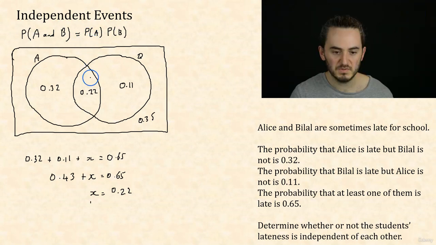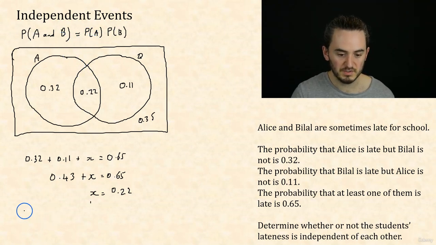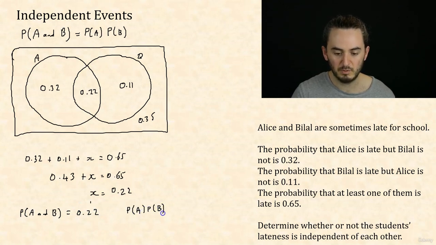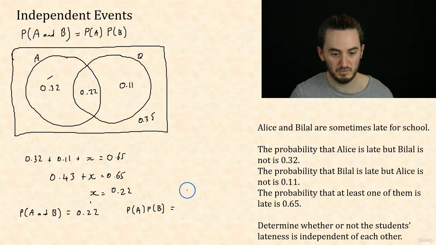Okay, so we'll look at the left-hand side. So what's the probability of A and B? Well, the probability of A and B is just the intersection. It's 0.22. Now let's investigate the right-hand side. What's the probability of A times the probability of B? Well, the probability of A is the probability that Alice is late, which is this whole region here added together. So 0.32 plus 0.22.